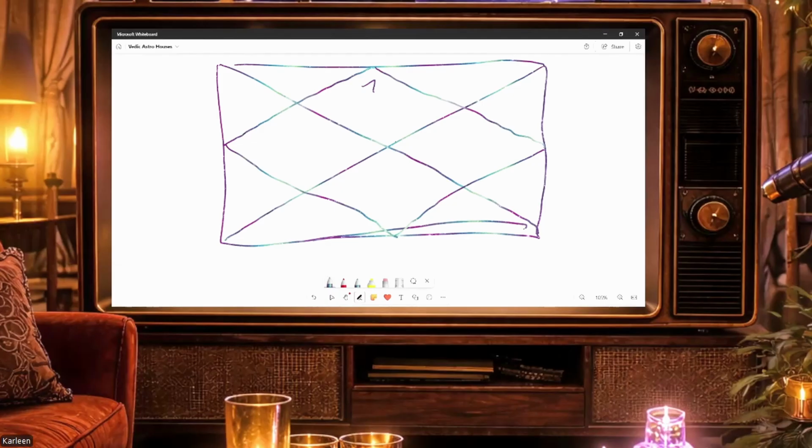Okay. Now there's a secondary chart, which I'll show you really quickly, which is the South Indian chart. And that one kind of looks like this, in case you've seen it. There's an emptiness in the center, and then it's divided into houses like this.